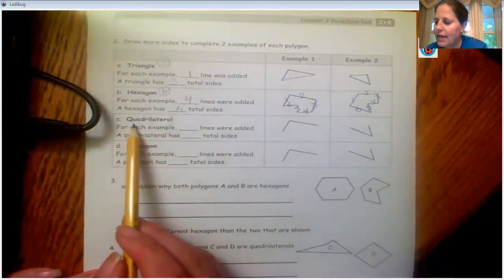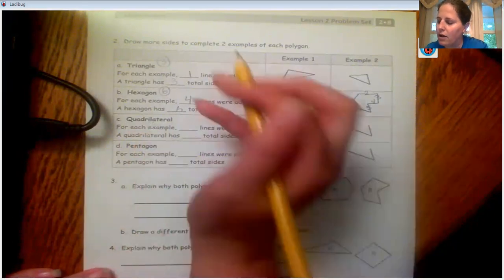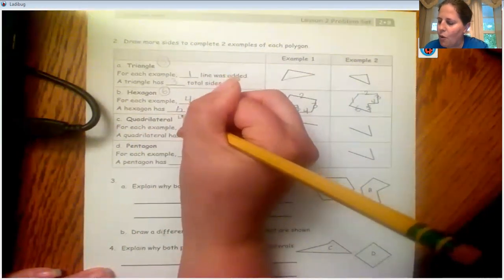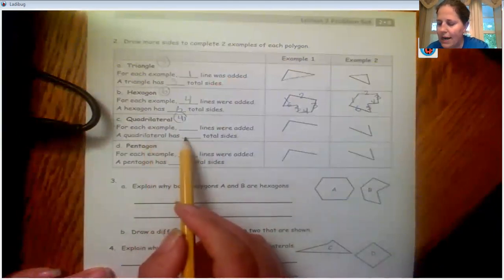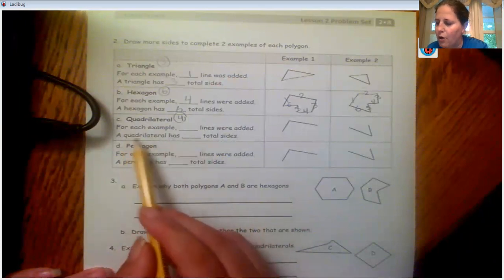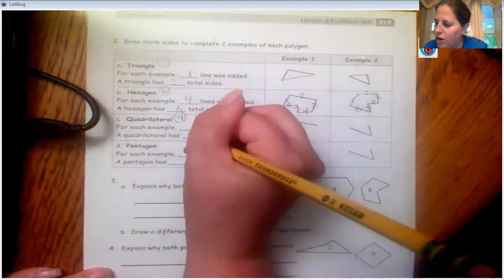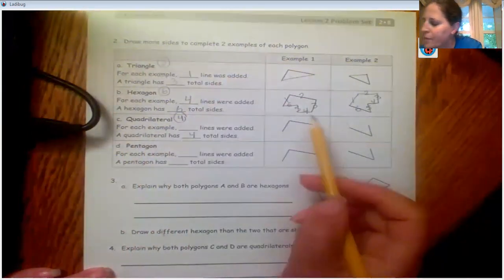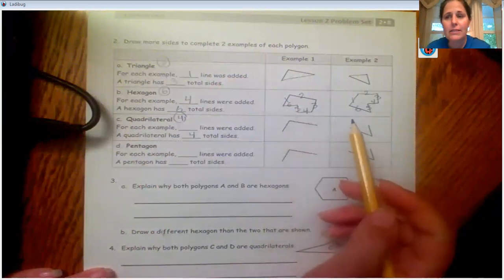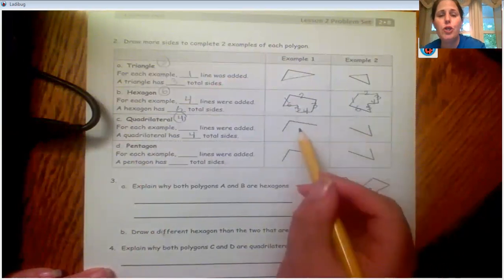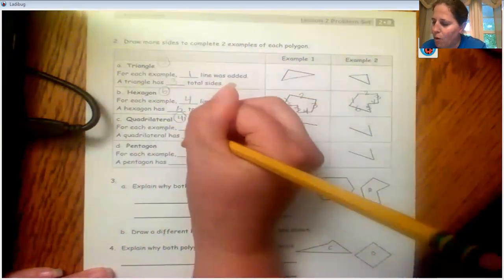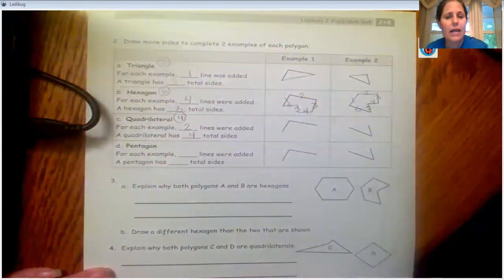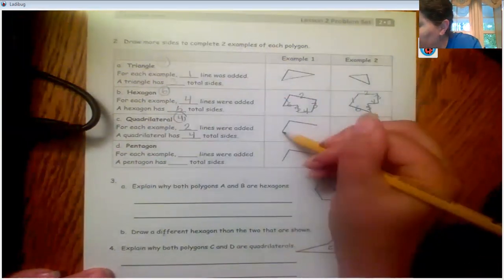Okay, letter C, quadrilateral. So remember, we said a quadrilateral has 4 sides. So I can actually already fill that in my second question here. A quadrilateral has 4 total sides. But each of my examples only has 2 sides. So I'm going to have to add 2 more to get a total of 4.